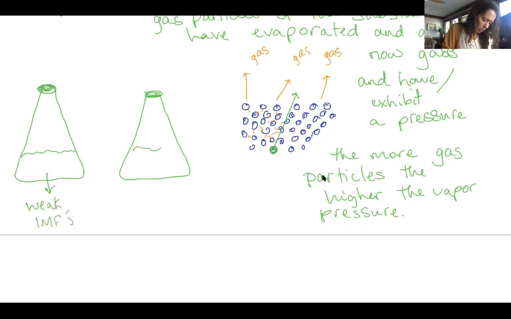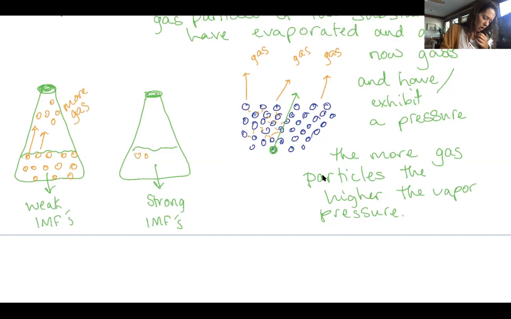This one has a liquid that has strong IMFs. Well, let's think about what's going to happen. If I have weak IMFs, doesn't that mean that I could more easily escape the liquid phase and enter the gaseous phase? So we're going to have more gas.